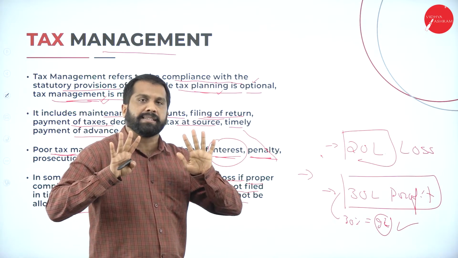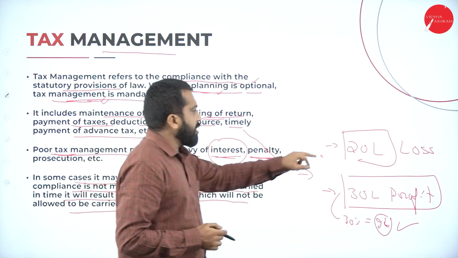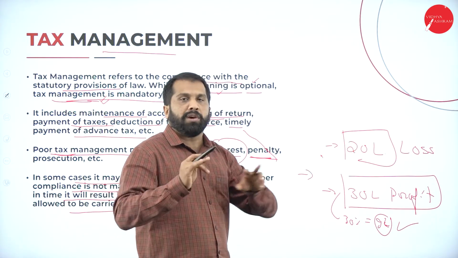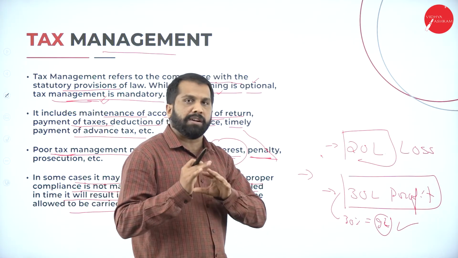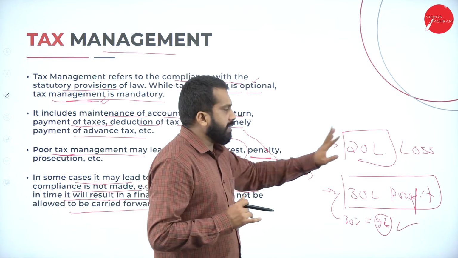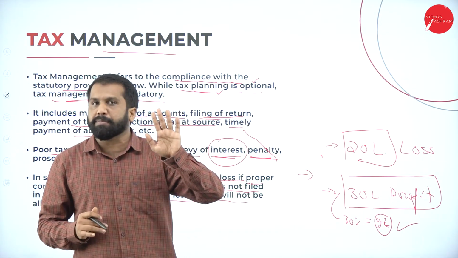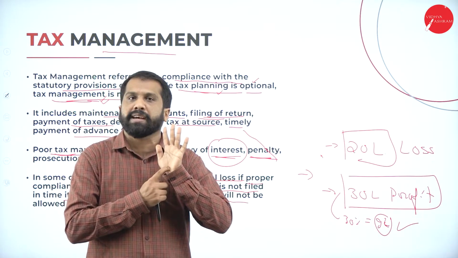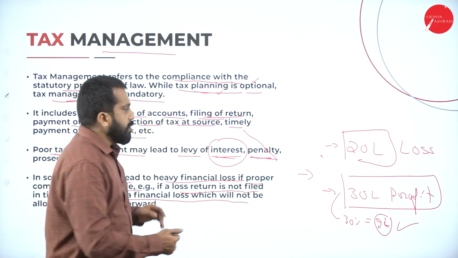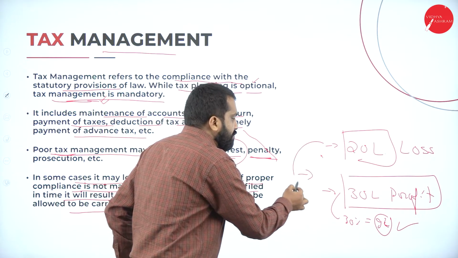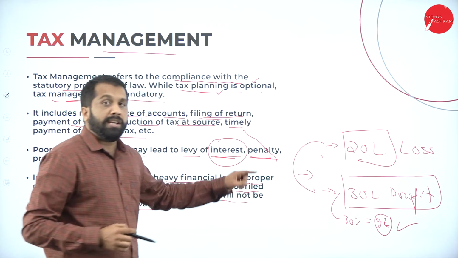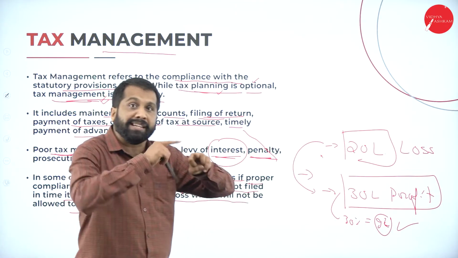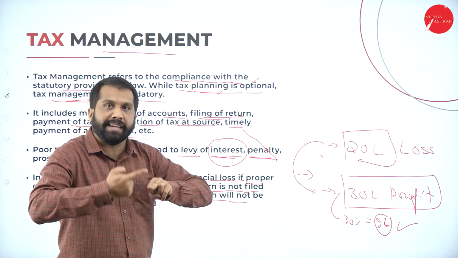9 lakh. In case you have filed your income tax last year also, assume that your accountant is good, even though it was a loss, he showed the income tax office that we are under loss. Then what advantage will you get? Very simple. You can carry this loss forward to next year.